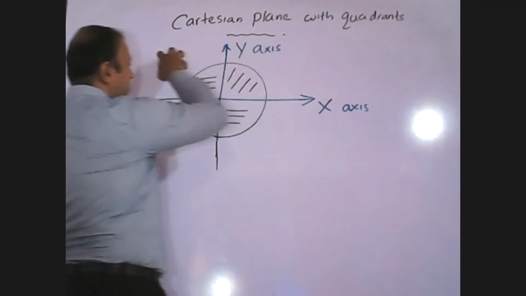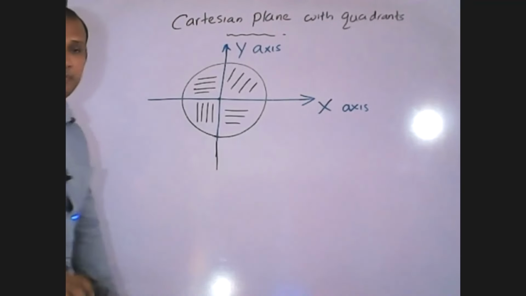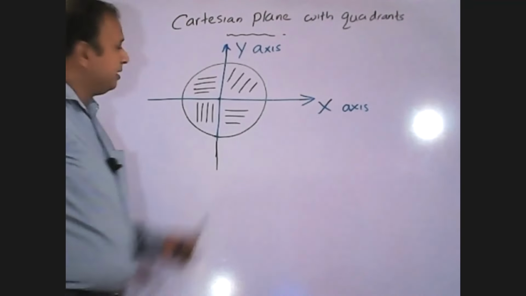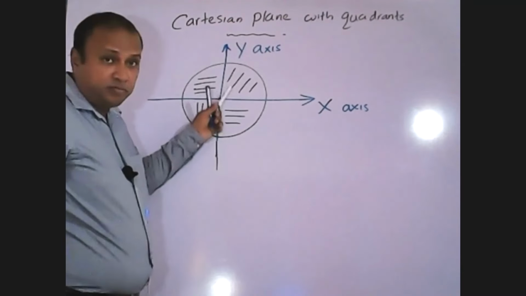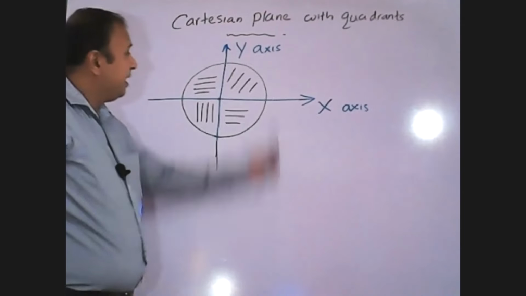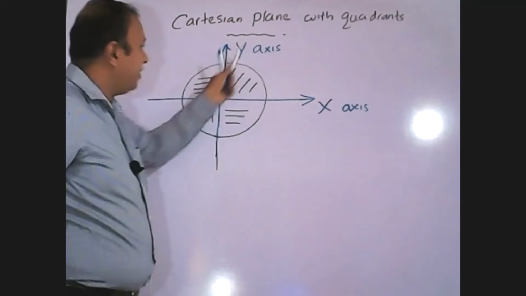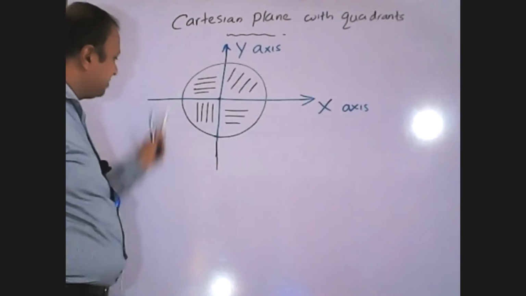One section of the Cartesian coordinates is called a quadrant, because it is a quarter of this circle. This section is a quadrant, this section another quadrant, and another quadrant.